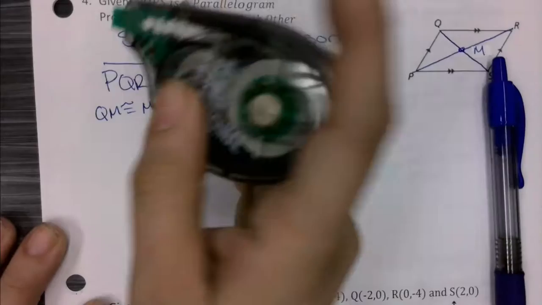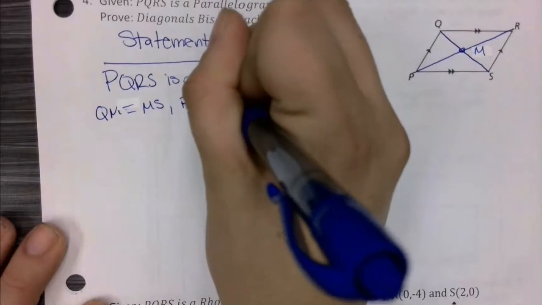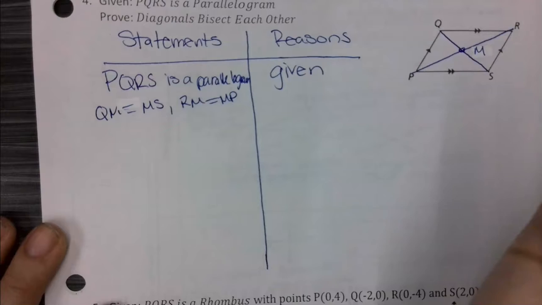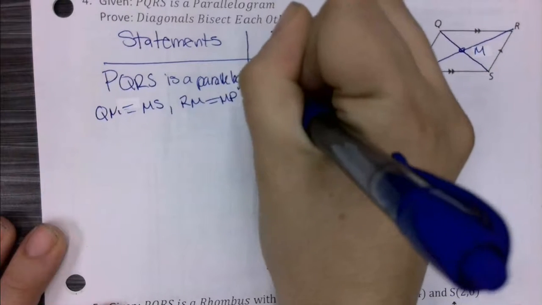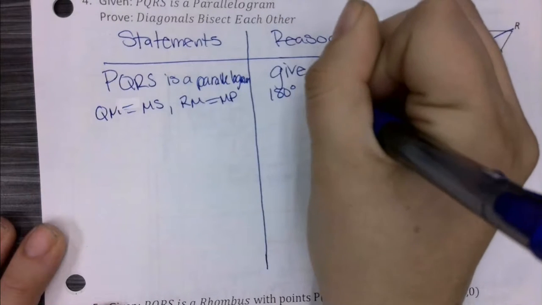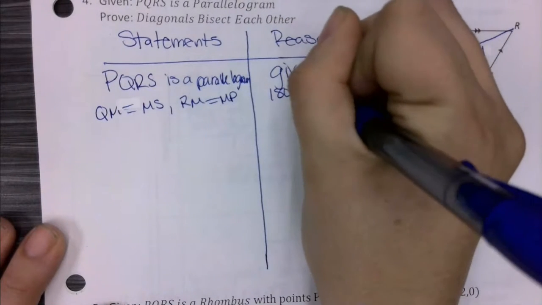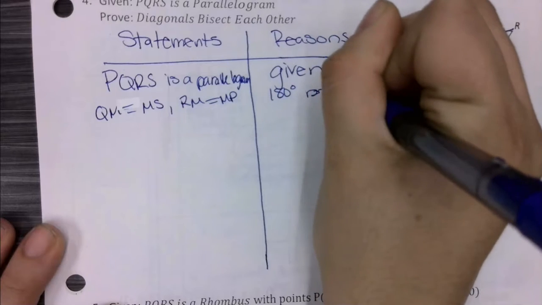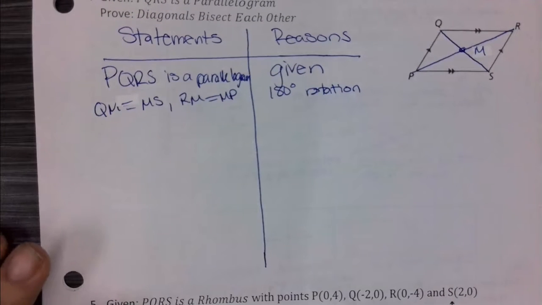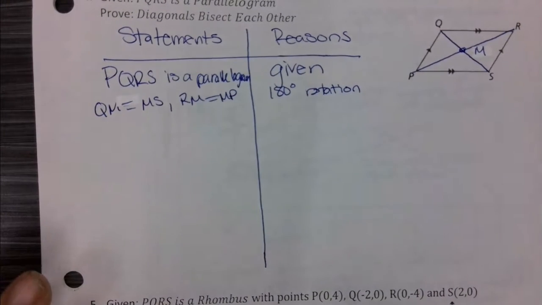Equal, not congruent again. You could also prove this with triangle properties.